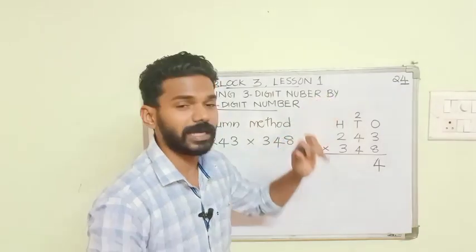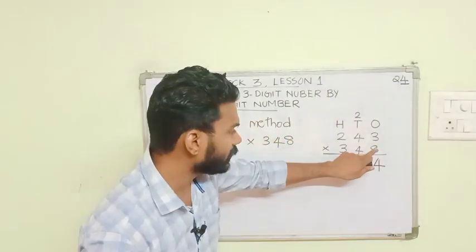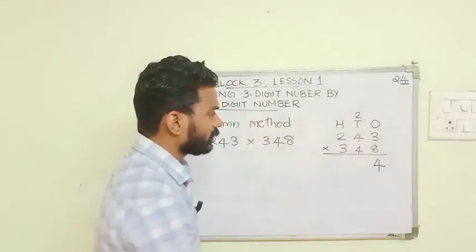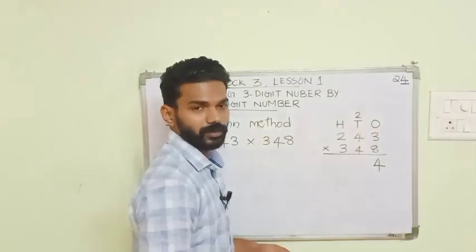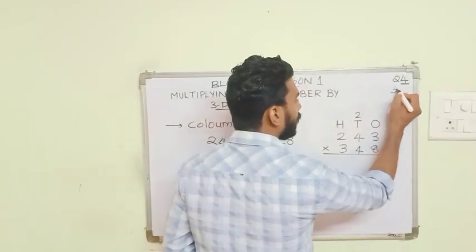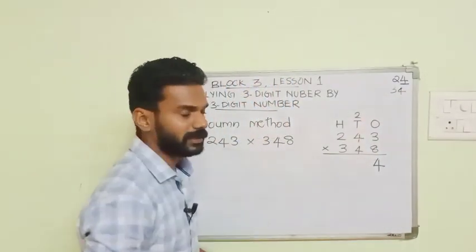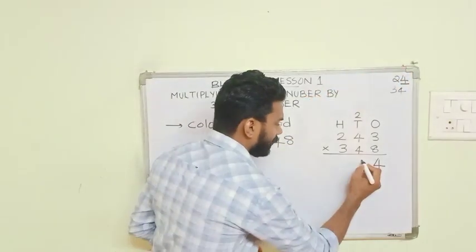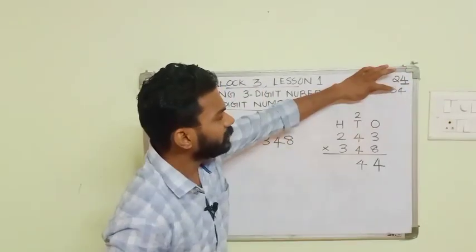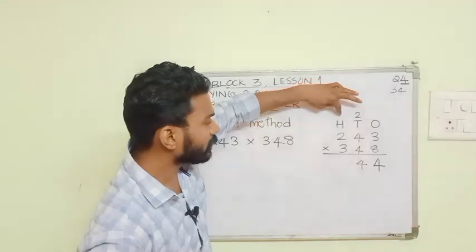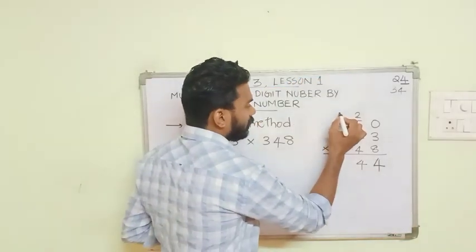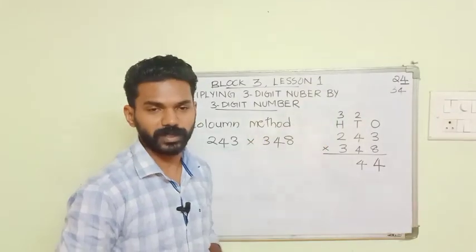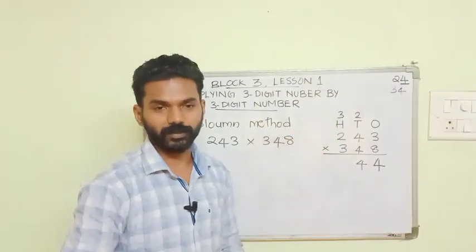So 8 fours are 32, 32 plus 2 will be 34. Now for that 34, we write this 4 on the tens place, and this 3 will be written just above the hundreds place. This is called regrouping.